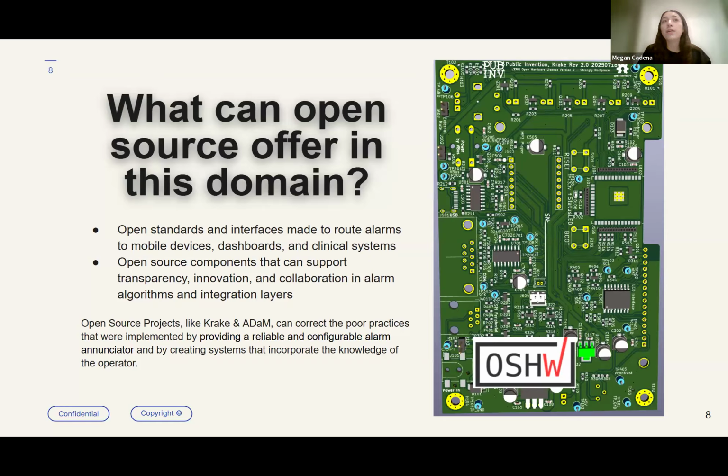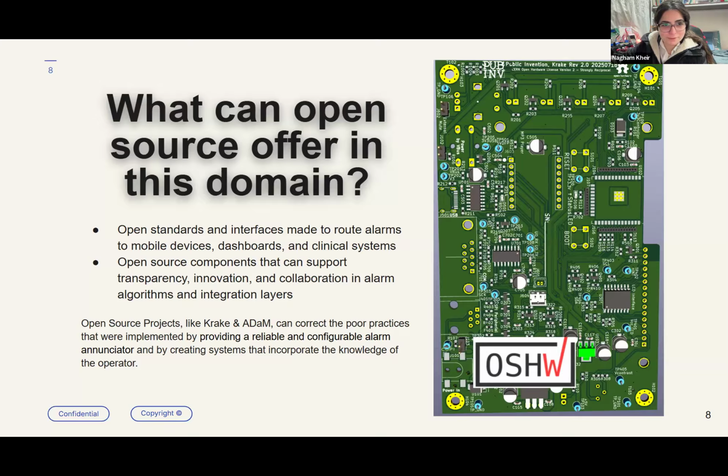So I would argue this domain has so many opportunities and so much breadth to support the existing medical device industry. Today, we're going to look at two case studies or existing projects that were actually designed here at Public Invention, the Krake and the ADaM. So I'll hand it off to Nagham to take it from here.